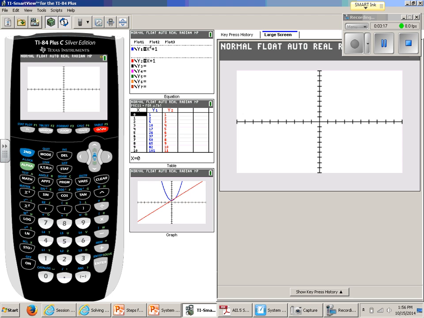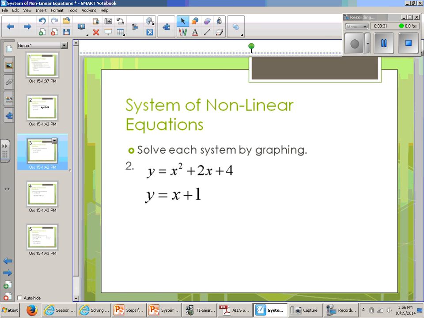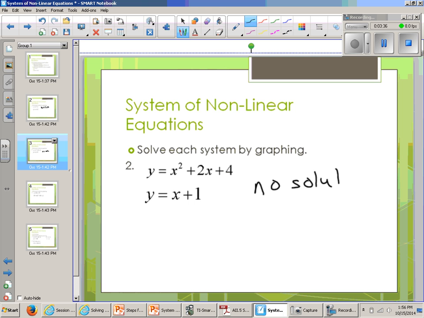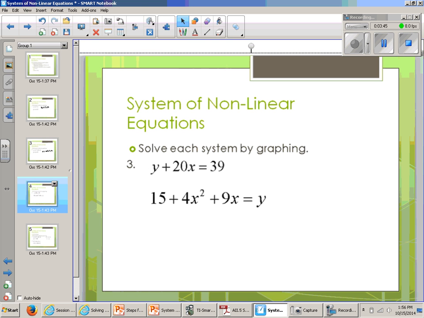So graph it. How many times do these 2 graphs intersect? Well, these 2 graphs never intersect, so we're going to have no solution. That means there's no ordered pair that will make both equations true. Let's look at the next one.